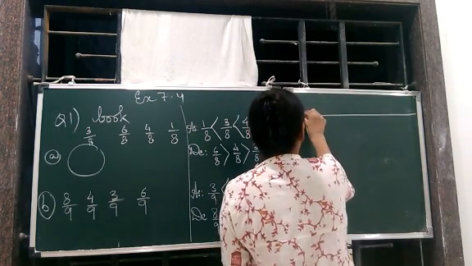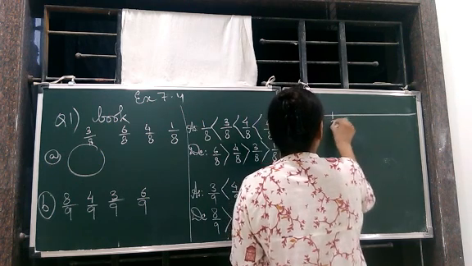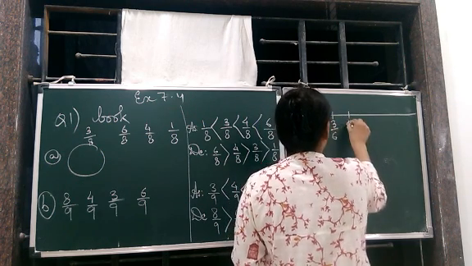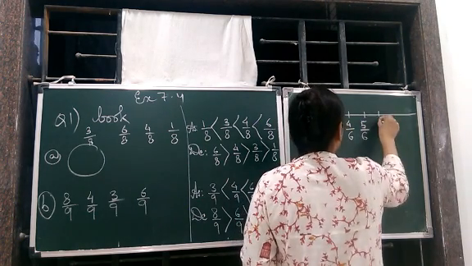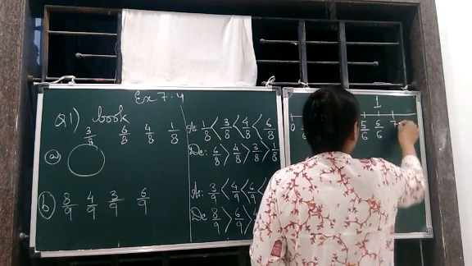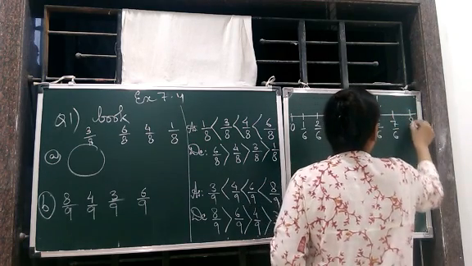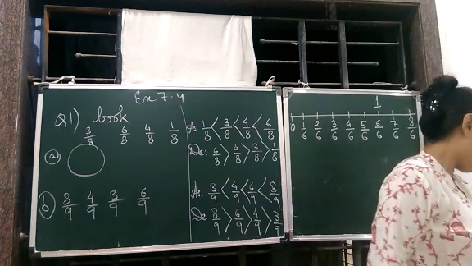So we start with 0, 1 by 6, 2 by 6, 3 by 6, 4 by 6, 5 by 6, 6 by 6 which is actually 1, 7 by 6, 8 by 6, and so on. Now show these points.